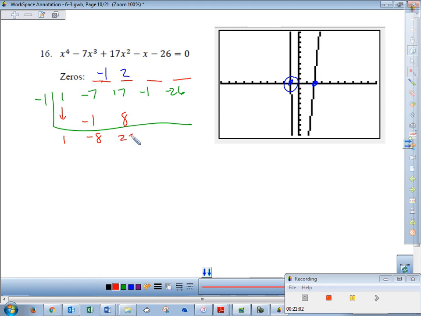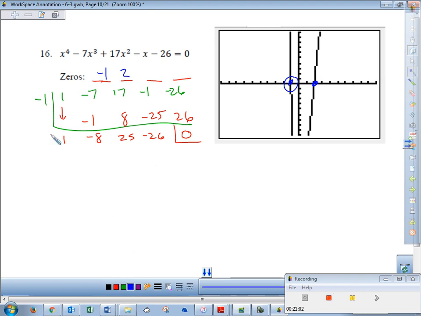Plus 8 is 25, right? Negative 25, negative 26. You better get a remainder of 0. Otherwise, you made a mistake. Now, if you chose to use the 2 instead of the -1, you'll have different numbers than me, but whatever, right? This is now a cubic.